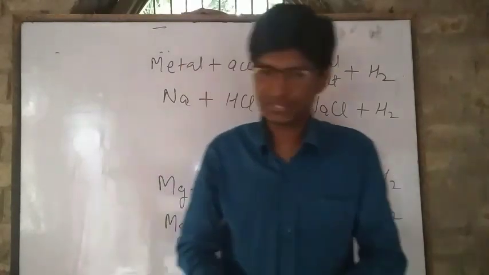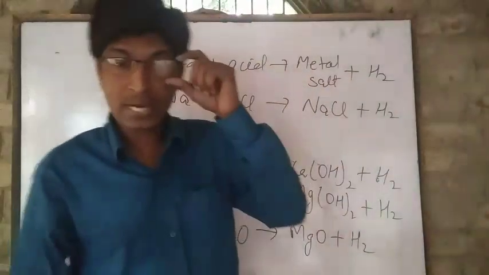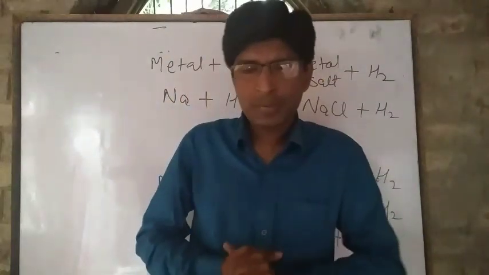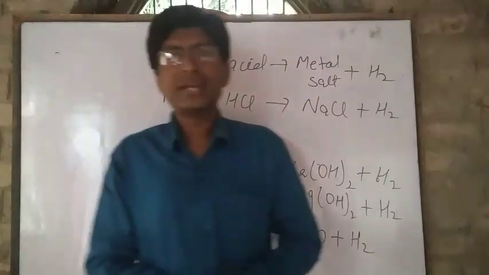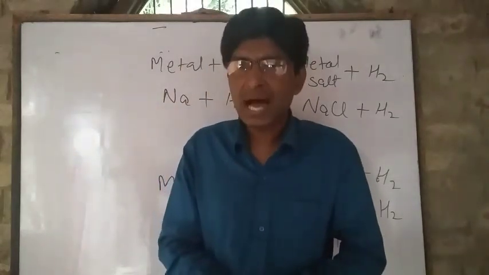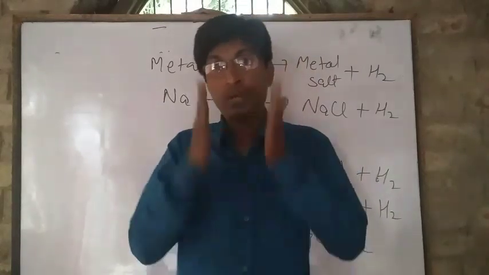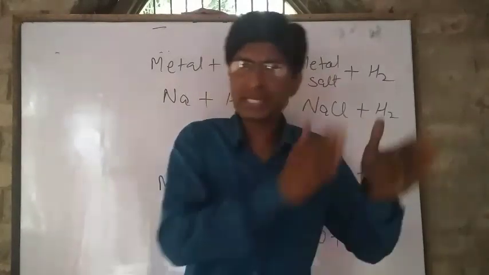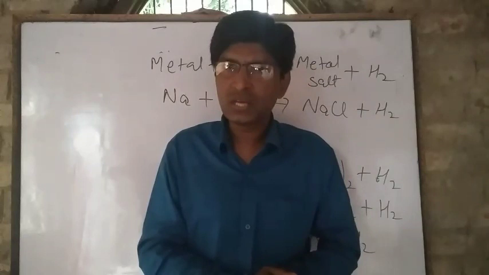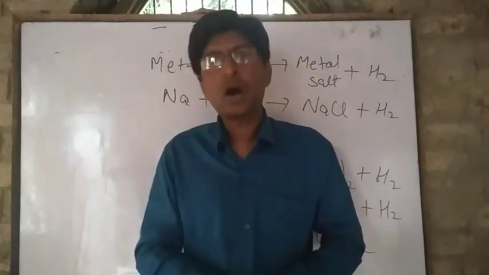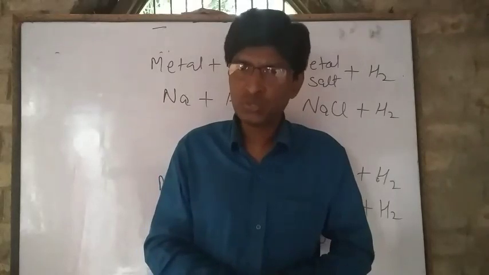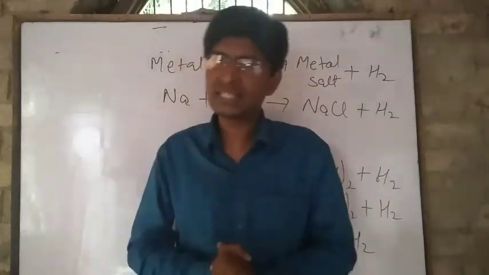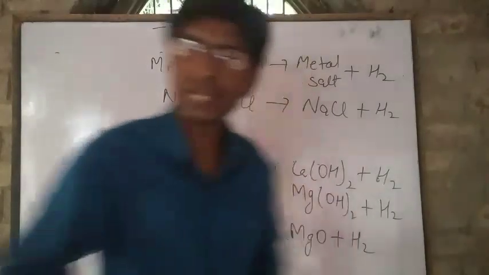Dear students, now the next chemical property of metals: what happens when a metal reacts with another metal salt. Dear students, when a more reactive metal reacts with the salt of a less reactive metal, it can displace the less reactive metal and form its salt.